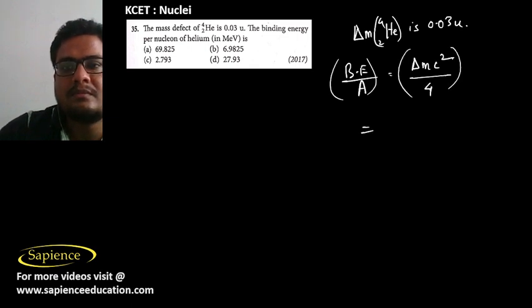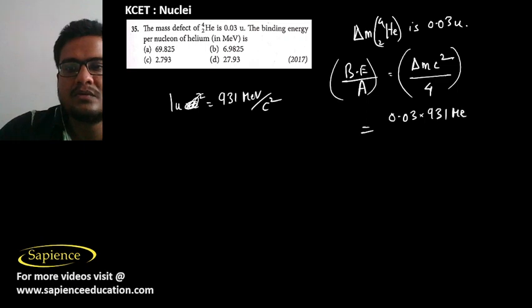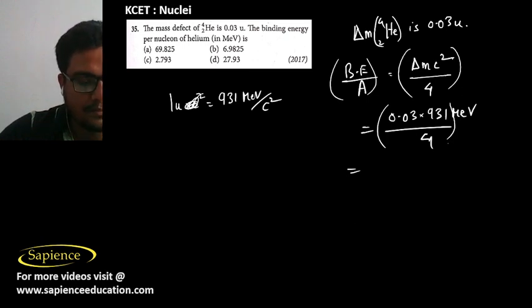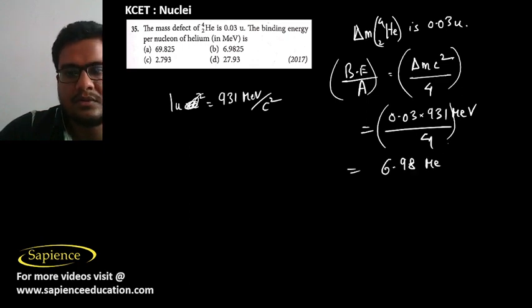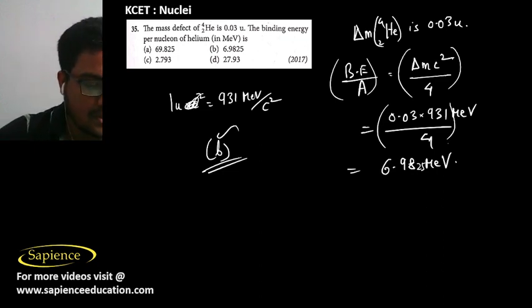Delta M is 0.03 u into c square. 1 u into c square I can write as 931 mega electron volt. So 0.03 into 931 mega electron volt divided by 4 will be equal to 6.98 mega electron volt. Option B is the correct answer.